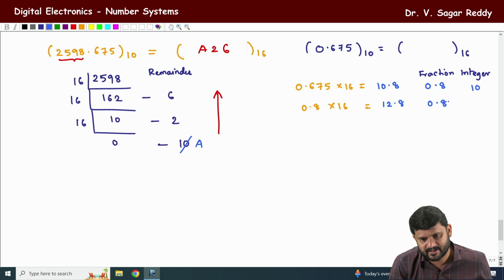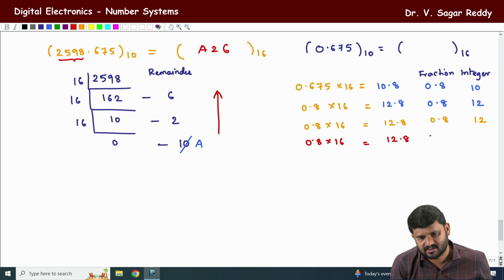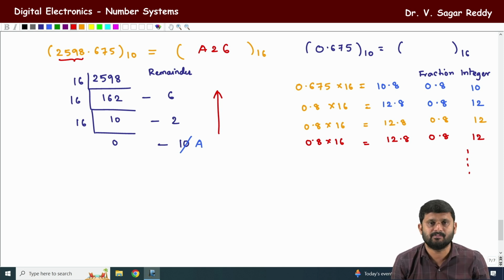The fraction is 0.8 and the integer is 12. Then I take 0.8 and 16, and once again I get 12.8, with fraction 0.8 and integer 12. So this process continues infinitely. We have to stop when we get a fraction of 0, or when the number of bits is sufficient to represent the given accuracy.